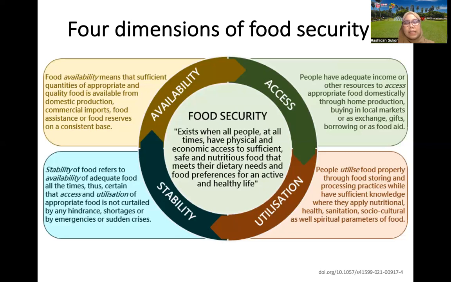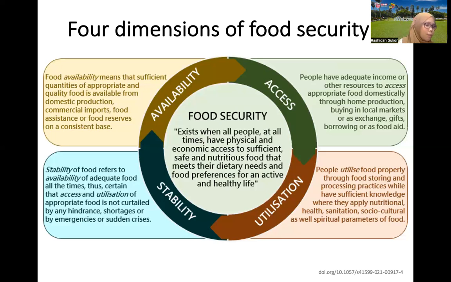That means food can be there, but it may not be sufficient, so we have a food security issue if we don't have sufficient food. It must also be safe, so food safety is very important, and nutritious. If all people have physical access to enough food but the food is not safe and not nutritious enough, food security will have an issue. The food must meet dietary needs and food preferences for an active and healthy life. This is a very long definition, but that is the definition of food security.